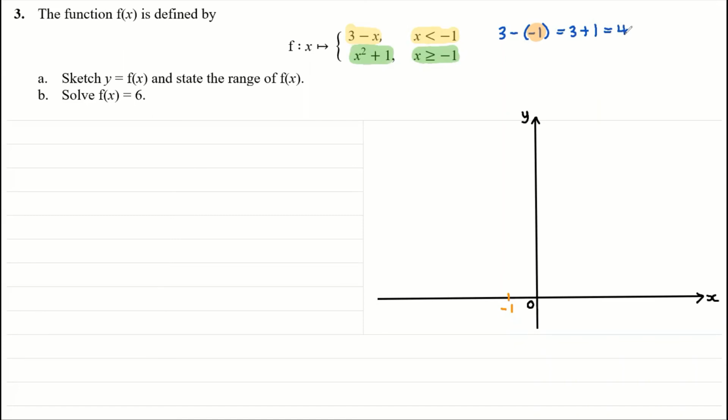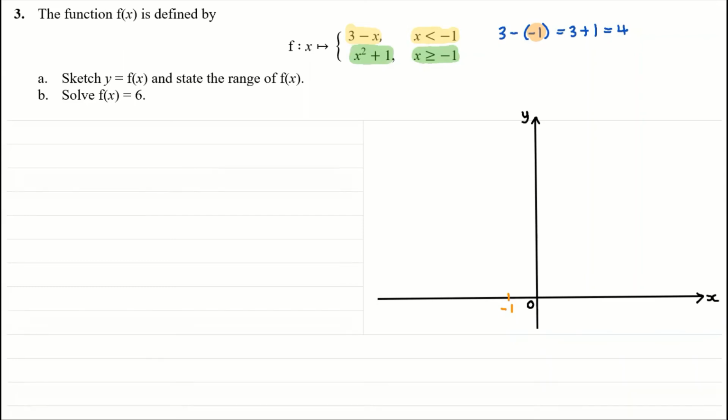Okay. Notice though, I'm saying I'm subbing it in. It's not a valid point. Okay, it's not actually part of the function because -1 is not included. As you can see, it has to be strictly less than -1. So I'm just using that with an air of caution here. So that point is not included.